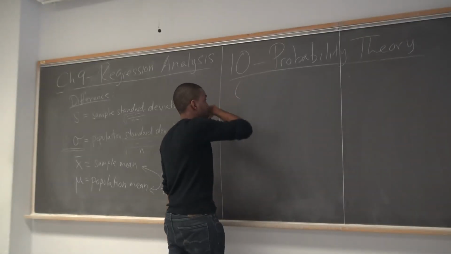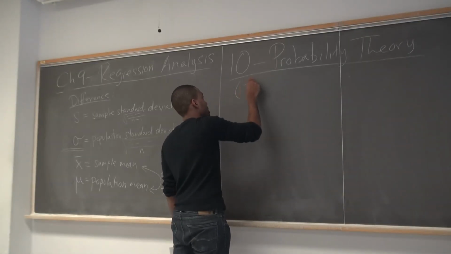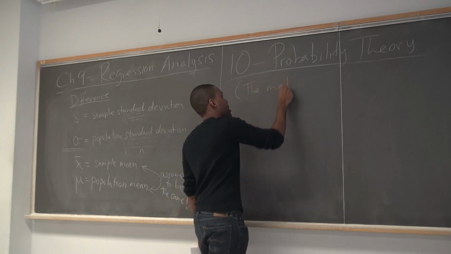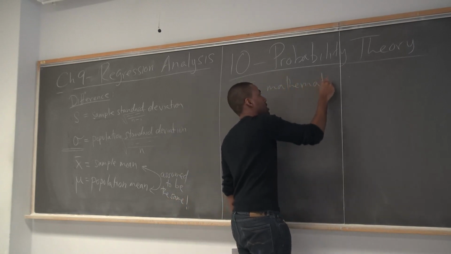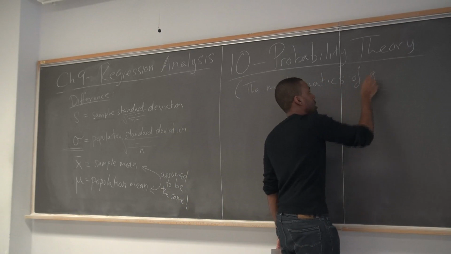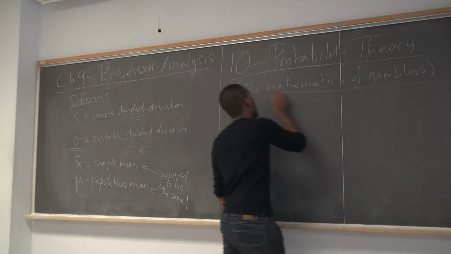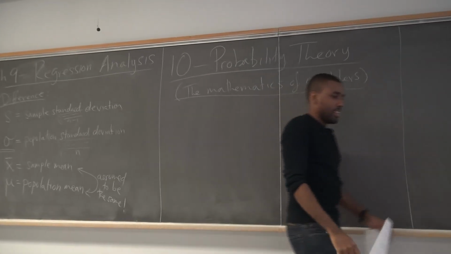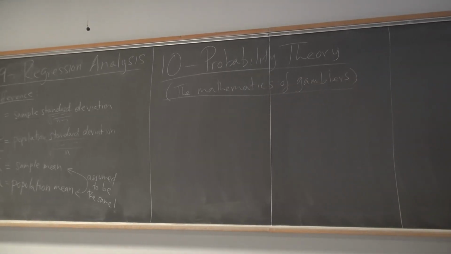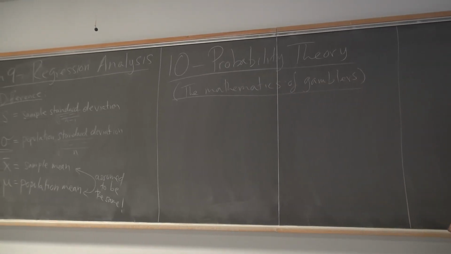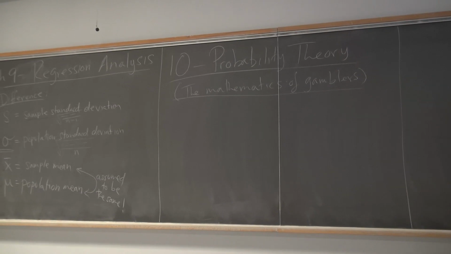Probability is also affectionately known as the mathematics of gamblers, right? Turns out, it's strange, but a lot of math had really strange origins. It turns out probability theory was entirely developed to be able to gamble, believe it or not, right?